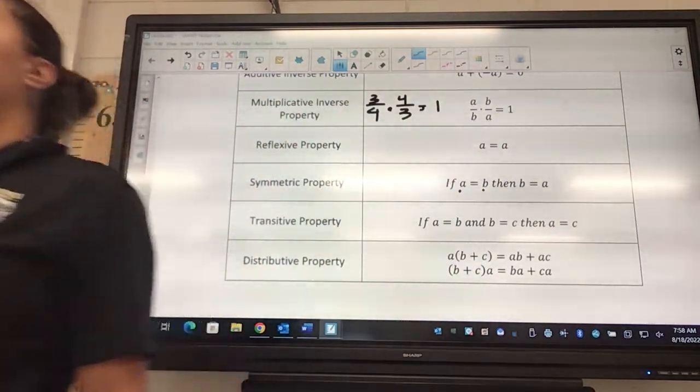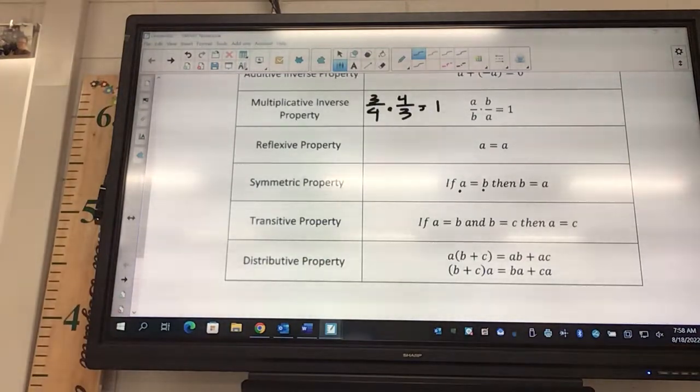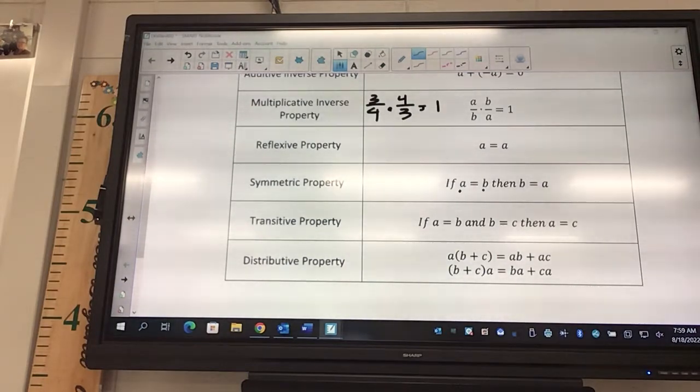You can flip it. The transitive property: if A equals B and B equals C, then A equals C. Those ones are kind of tricky to do with numbers because it wouldn't really make sense. Does 1 equal 2? No. So if I put 1 equals 2, so then 2 equals 3, it doesn't make sense with numbers. So it's almost easier to do it with letters.